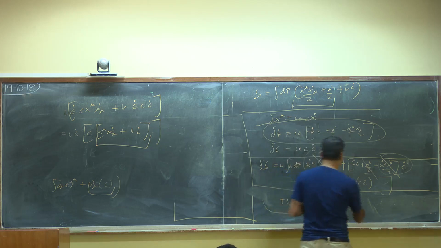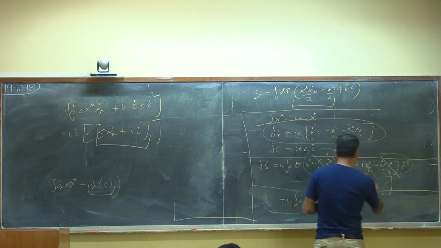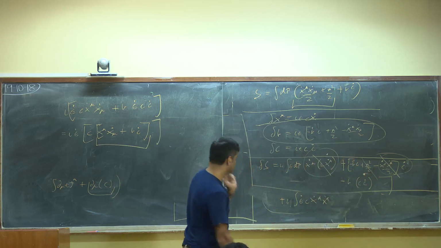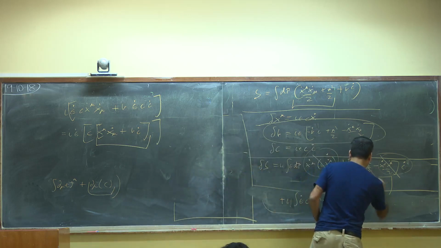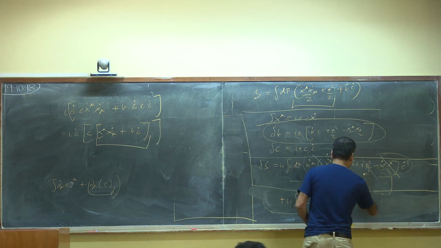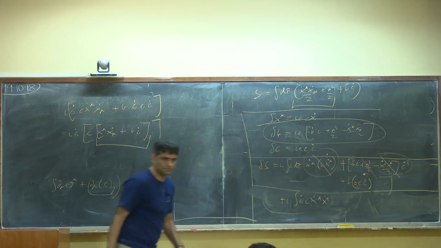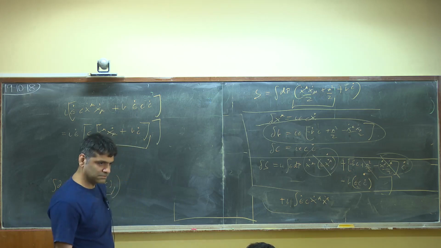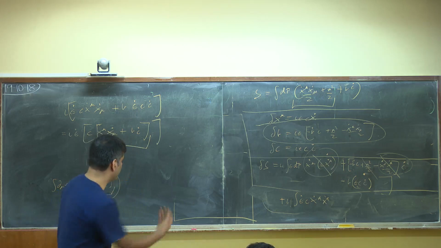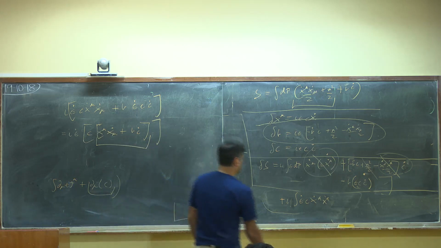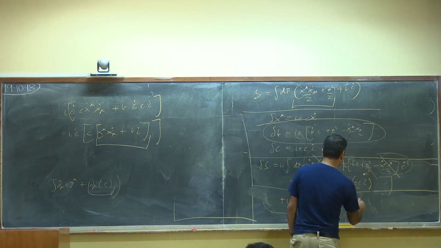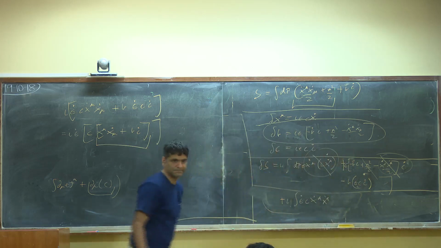We'll make this minus this with an epsilon. Which then of course we're free to integrate by parts. So there's an epsilon here, and this.